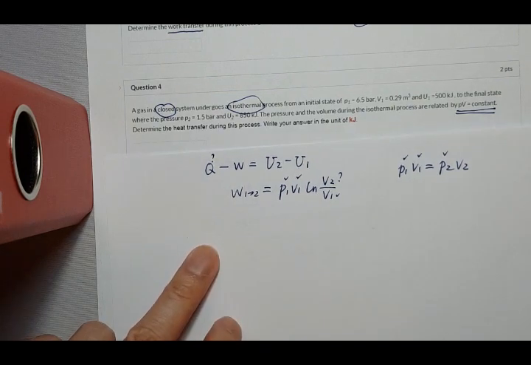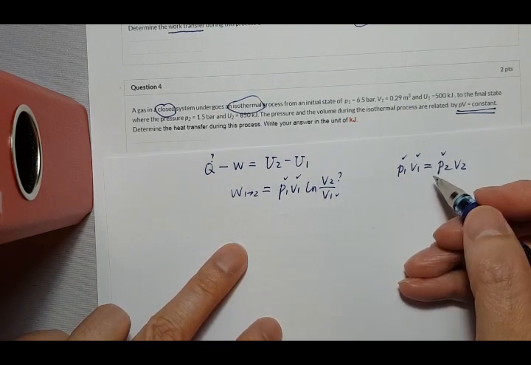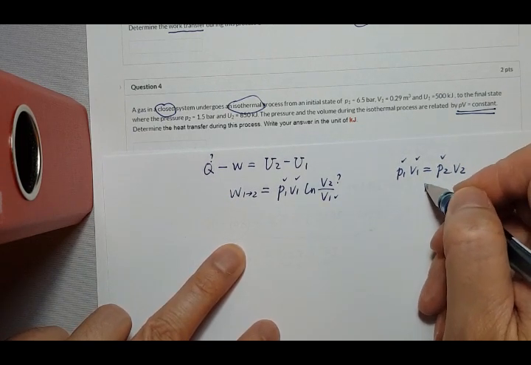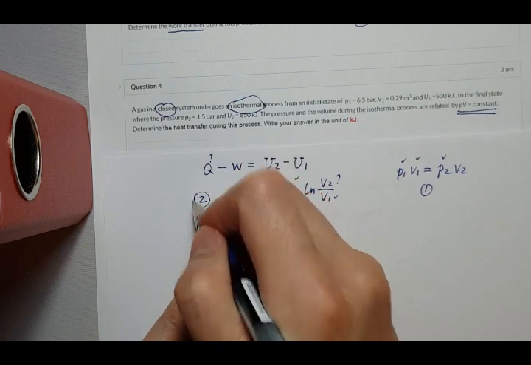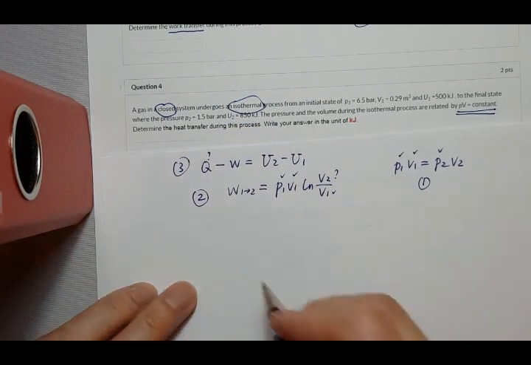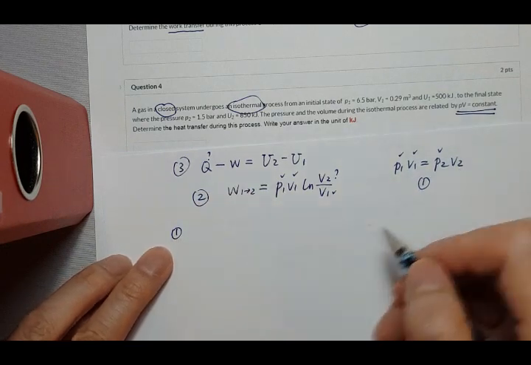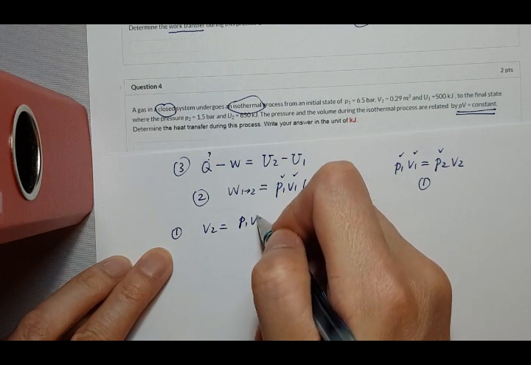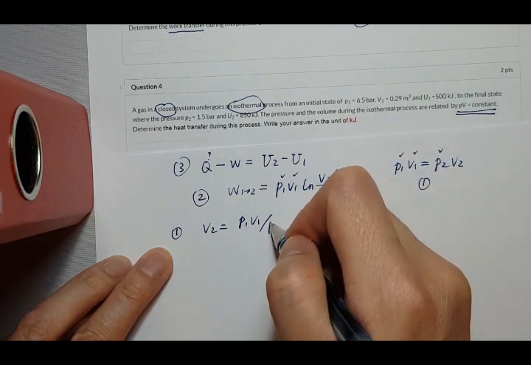So now we know that we actually need three steps for this question. This is the first one, this is the second one, this is the third one. The first step: we need to calculate V2. V2 is equal to P1 V1 divided by P2.